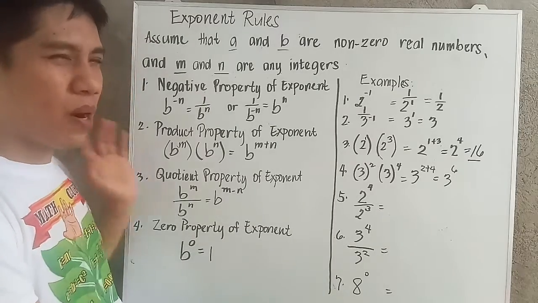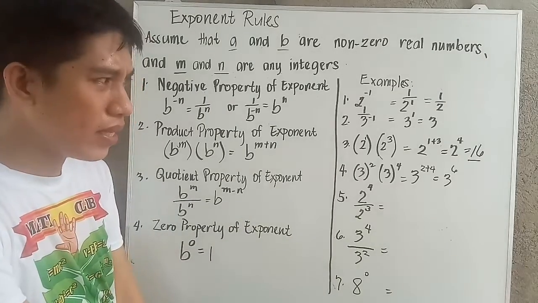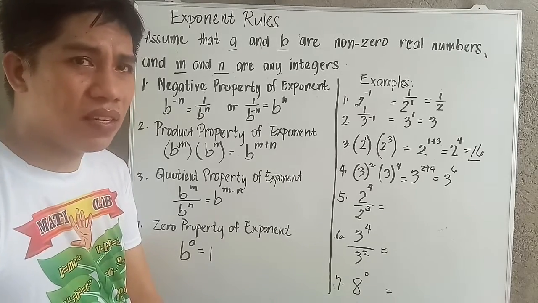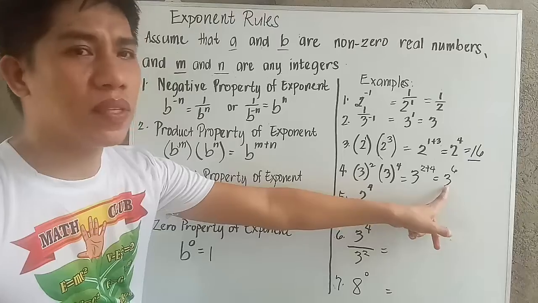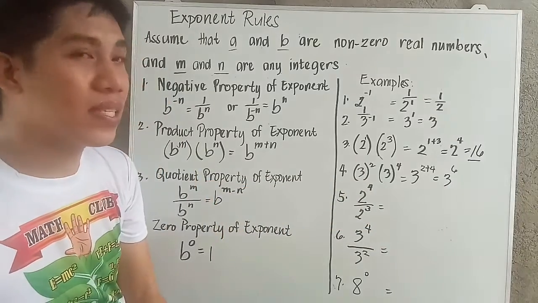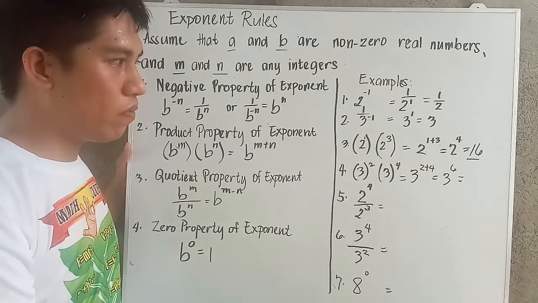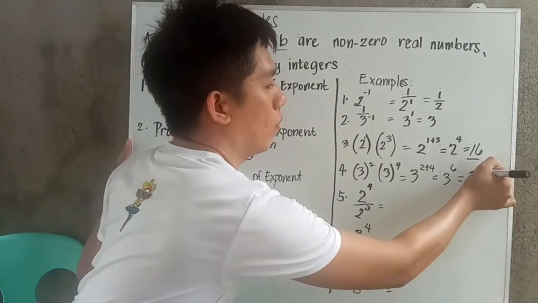You multiply 3 by itself 6 times. 3 times 3 is 9, times 3 is 27. So 3 raised to the power of 6 is equal to 729.